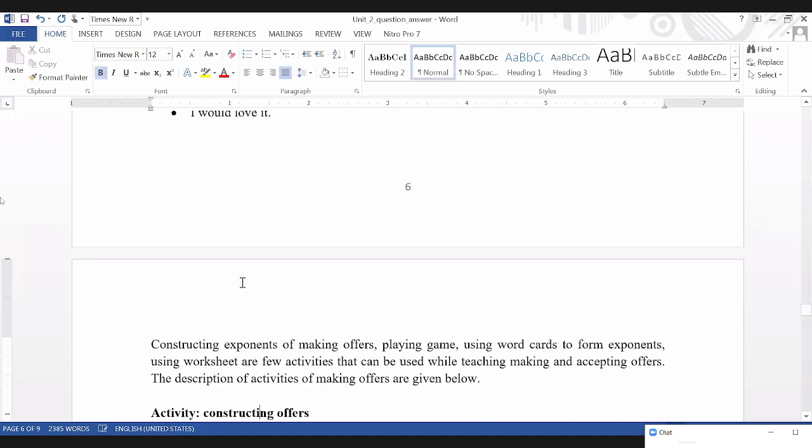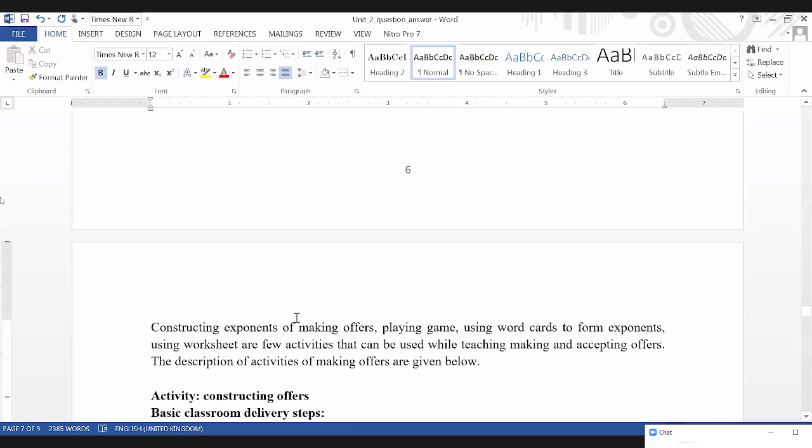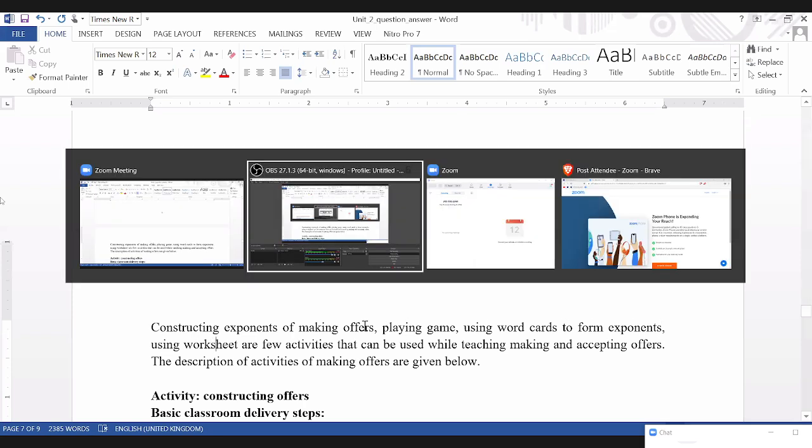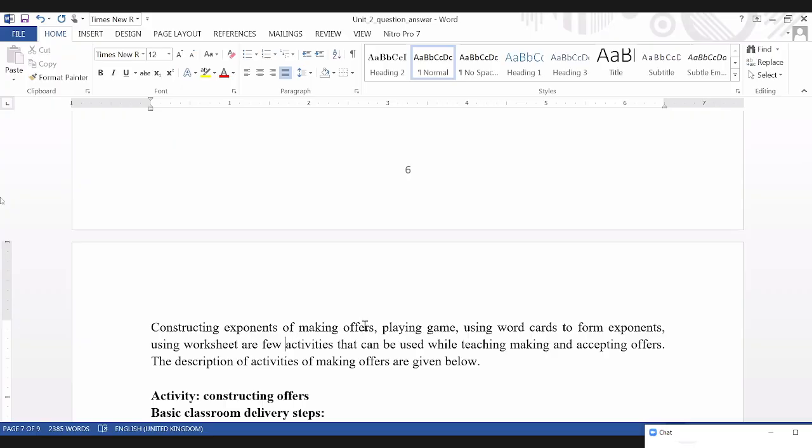Constructing components of making offers, playing games, using word cards to form exponents, and using a worksheet are a few activities that can be used when teaching making and accepting offers.